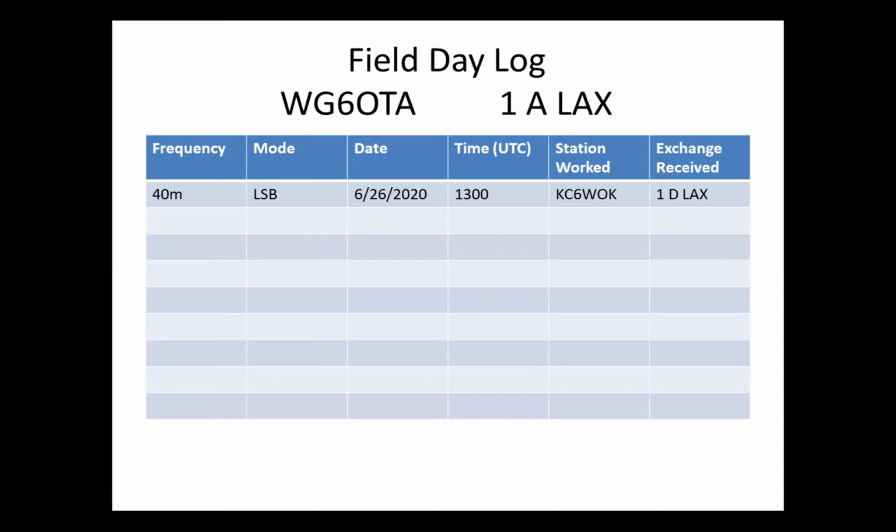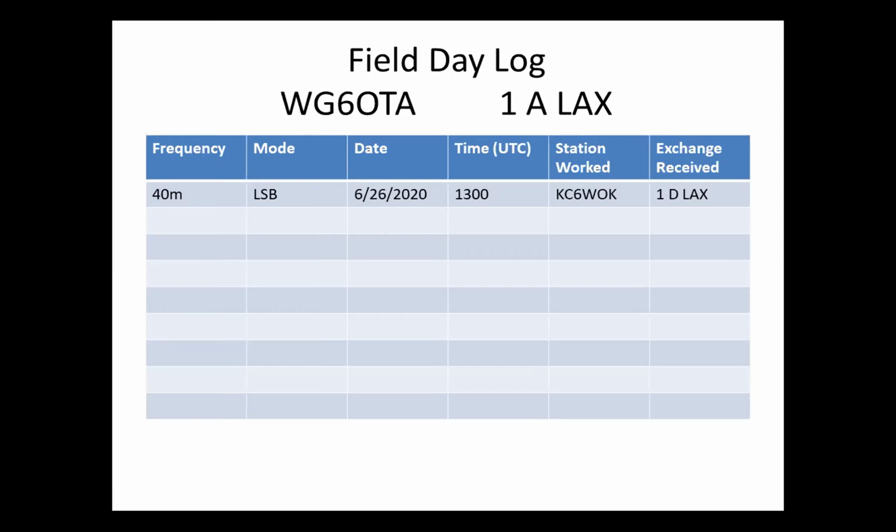Doubles happen. You have different people working the station, different voices, and when you start getting a couple pages of logs, you'll work the same guy twice. You may even have a guy say, oh, I already worked WG6TA. But here's the cool thing you've got to know about that.